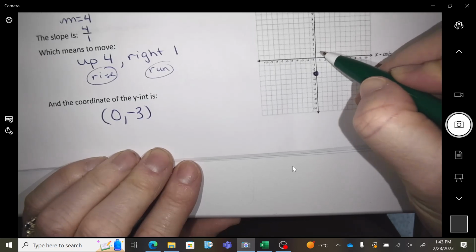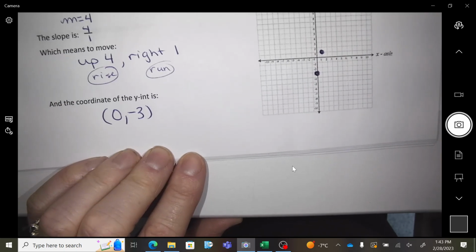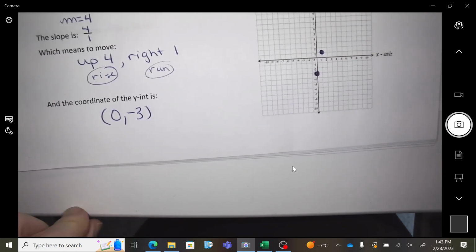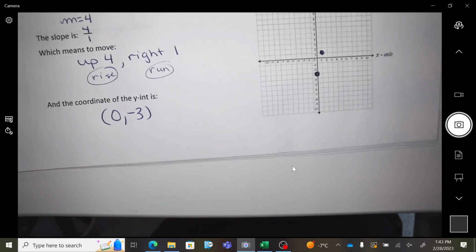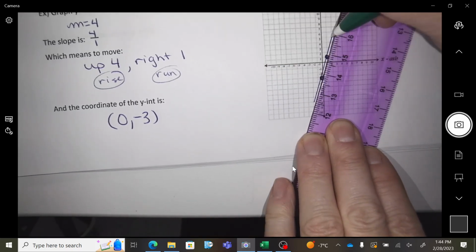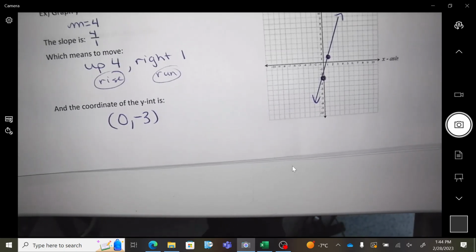And 1 right. And draw me a coordinate. Did you land at the position 1, 1? Did you all land at 1, 1? Okay, and then once you have 2 points, it will make a line.